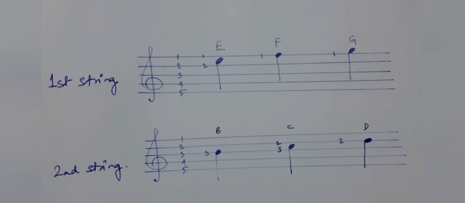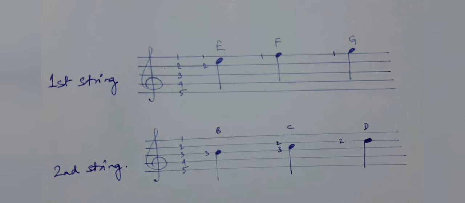Similarly, on the second string, the B we are going to write across the third line, C we are going to write in between the second and the third line, and D we are going to write across the second line. I've mentioned the numbers beside the notes so that you can understand exactly where to write the head of the notes.